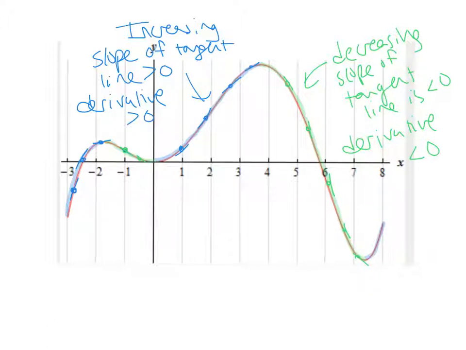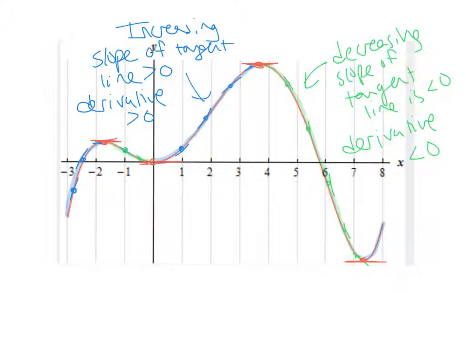And then the third case that we should think about is the places where the graph is neither increasing nor decreasing, and that would be the very tops of the mountains and the very bottoms of the valleys, the places where the slope is 0.